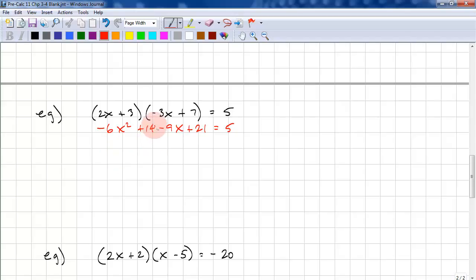Okay, and there's some x there, sorry. -6x squared, 14 minus 9 is plus 5x, and 21 minus 5, that's plus 16. So we have a equals -6, b equals 5, c equals 16.